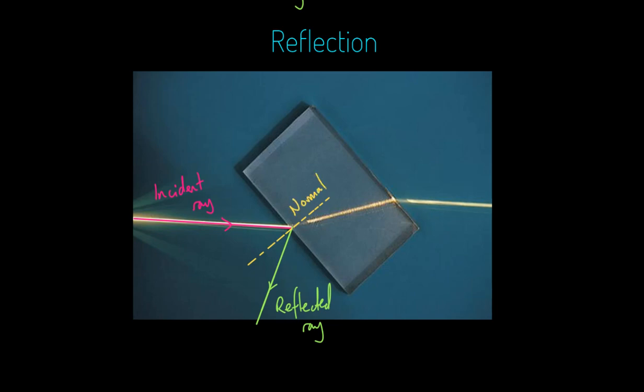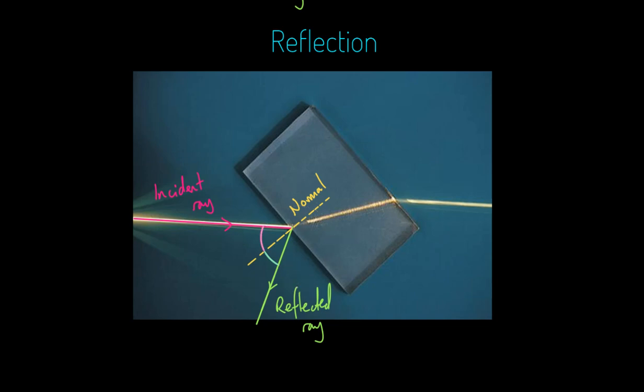Okay, you then have some measurements of angle to take, so you are going to need to get out your protractor. I don't have a real protractor, I've just got a pretend one. And then what you are going to do is measure two angles. This angle here, between the incident ray and the normal, and this angle here between the reflected ray and the normal.